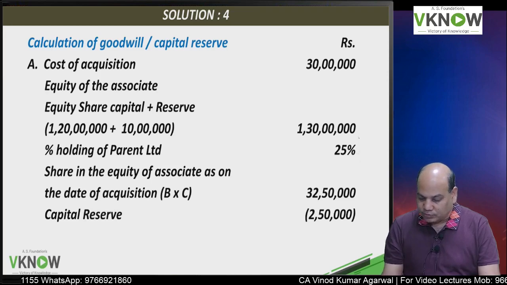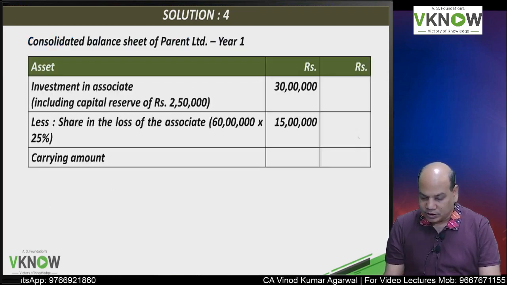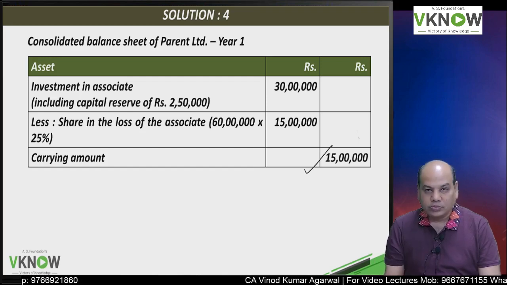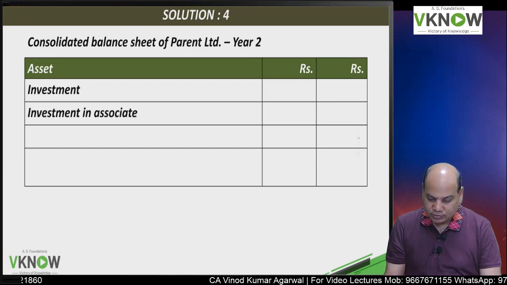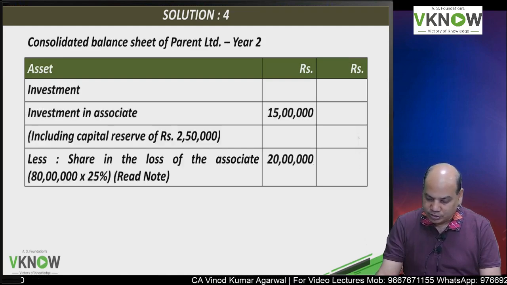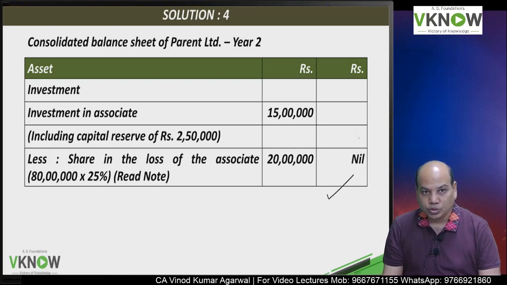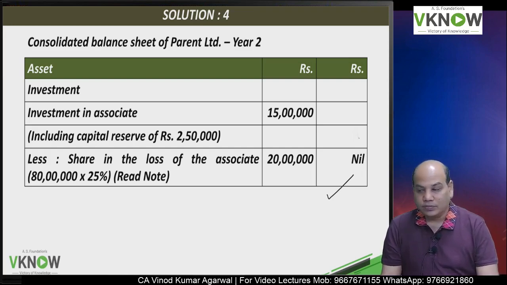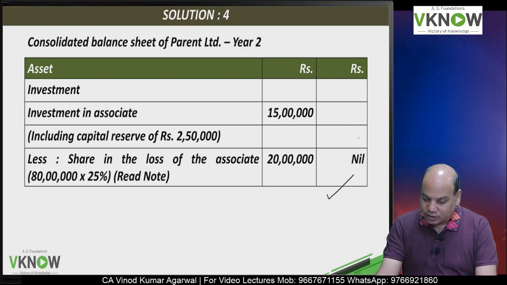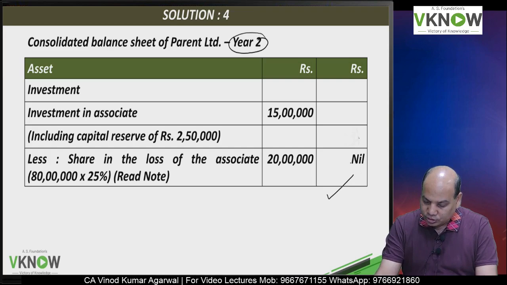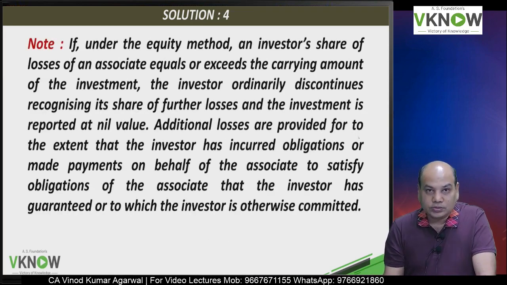So what do you do? First step in your exam would be to find capital reserve. Second step would be to find carrying amount at the end of year 1. Third step would be to find carrying amount at the end of year 2. I have written everything. You have to concentrate on understanding, and after year 2, because you are not writing negative 5 lakh, you need to write a note.